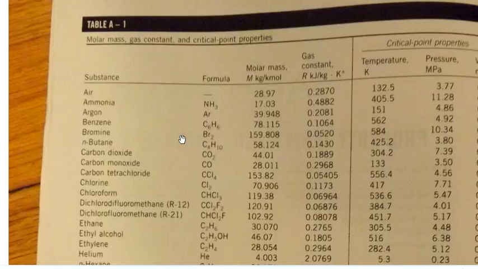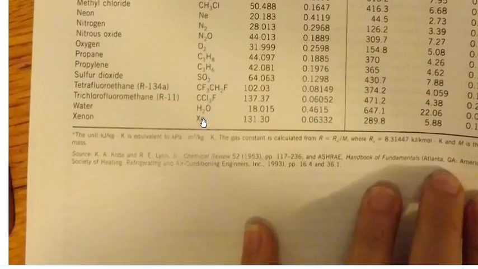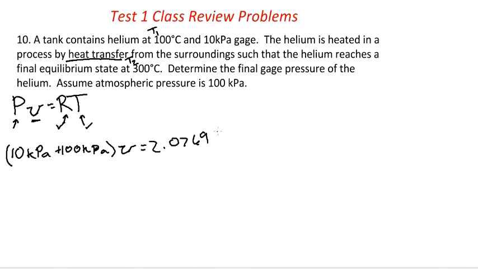Let's make sure we're doing the units right. Again, we don't really have anything in energy, so we want it in terms of pressure. So it's going to be kilopascals times meter cubed divided by kilograms times Kelvin.